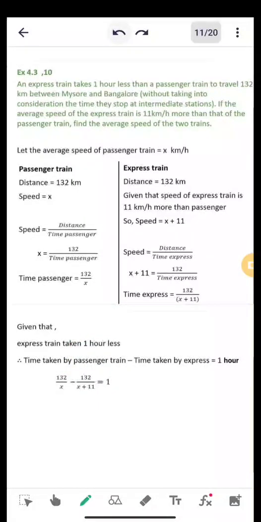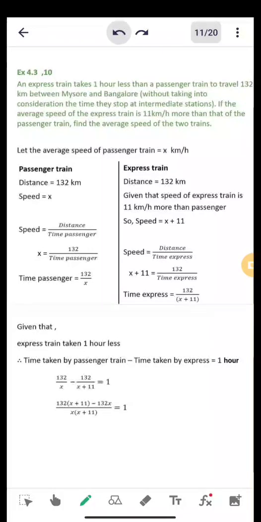This is a slow train. 132 by x minus 132 by x plus 11 is equal to 1. Always remember, slow train minus the fast train is equal to the given time. You must always do that.